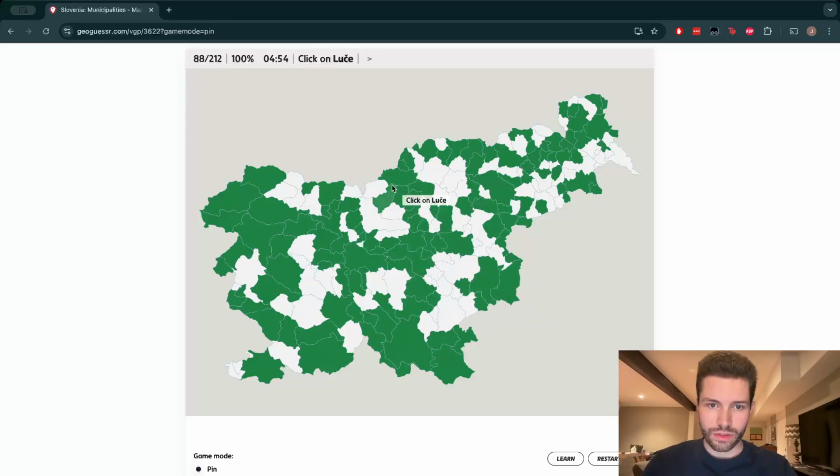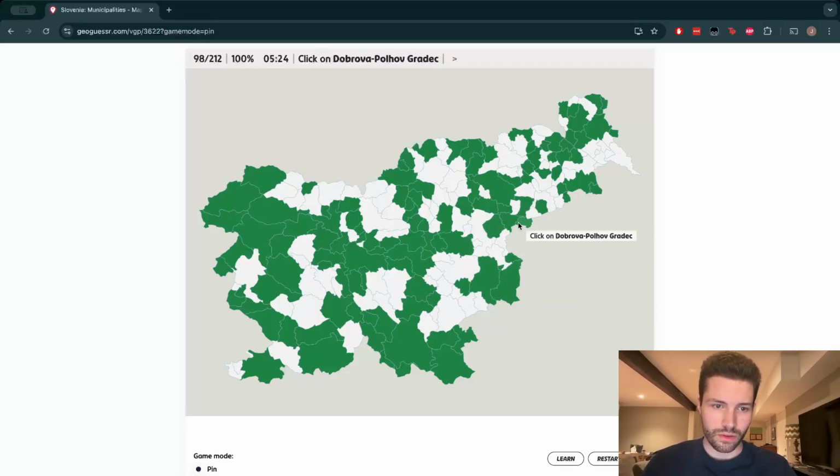It's also so interesting because there are so many of them that it becomes so difficult. You have to split it up by region. At least that's what I had to do when I was learning them, because you can't just learn all 212 at once. It's overload. It becomes a lot to take in, especially because they're all in the same country.